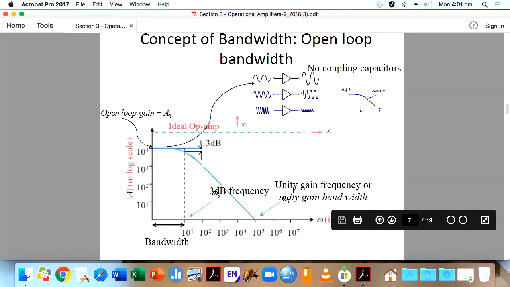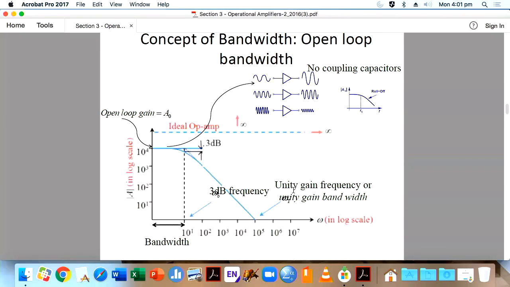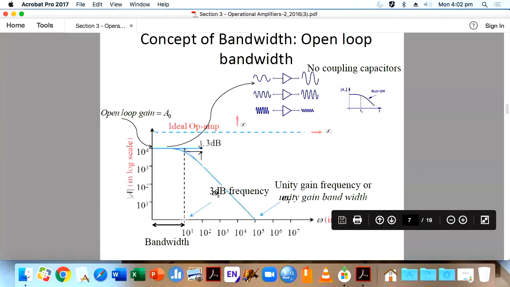So sometimes you might hear unity gain bandwidth. You understand it from the term: unity gain is 0 dB, and that is a bandwidth. Here, for example, you can get a bandwidth of maybe 10 with a very big gain, 10 to the power of 4.